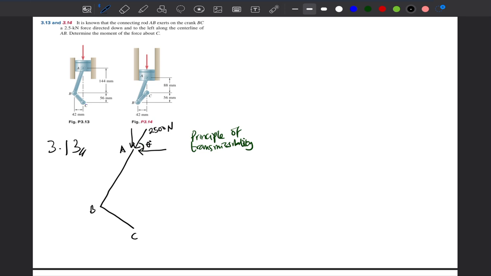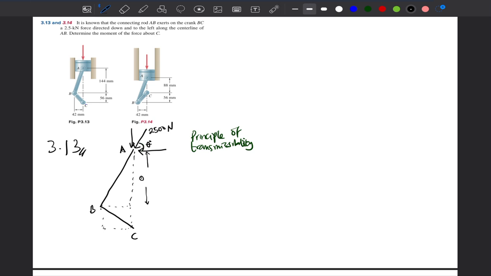To look for the theta, we incorporate the distances that we are given here. From here to here, this is 144 mm, but we are going to convert it to SI units also.